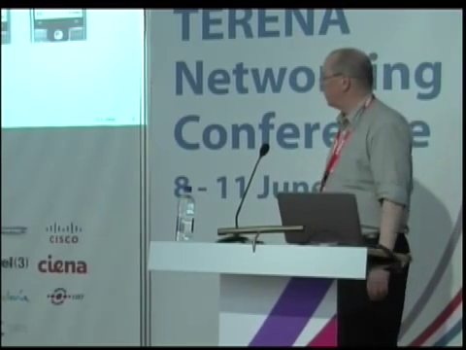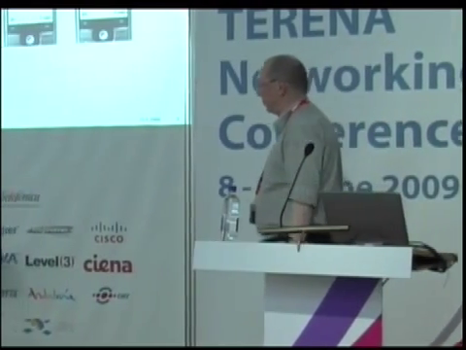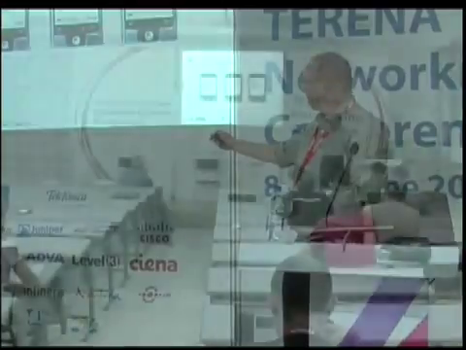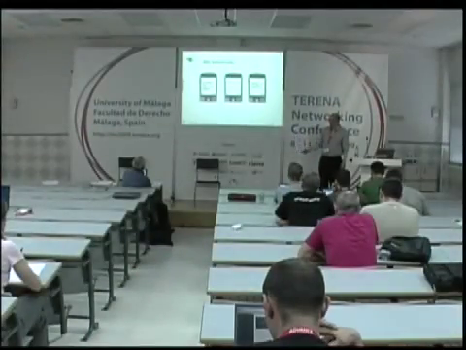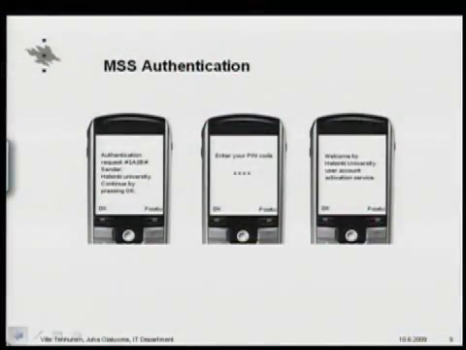And how it looks to a normal user. This first picture is the authentication request. It gives the information about what the service is, and what he or she has to do to continue.